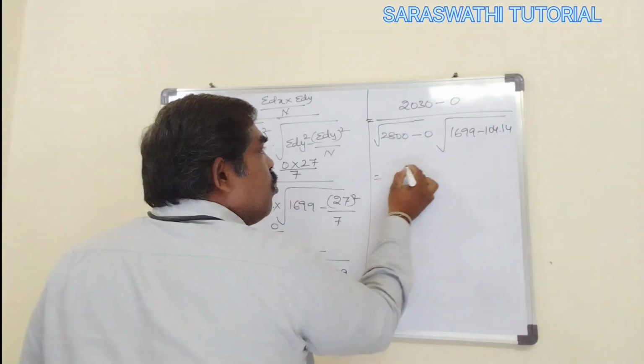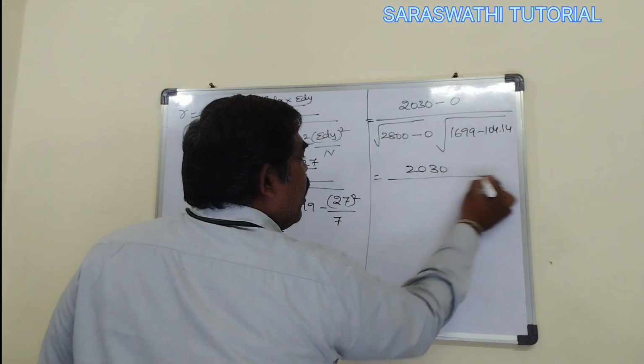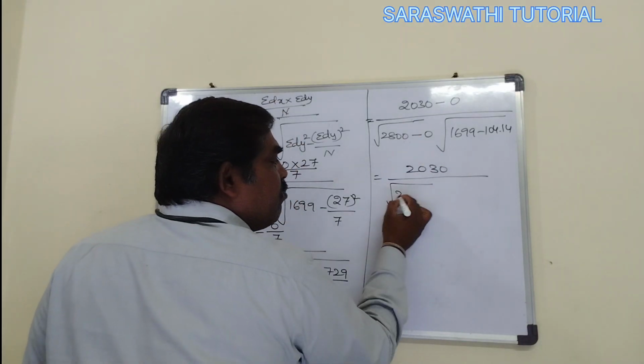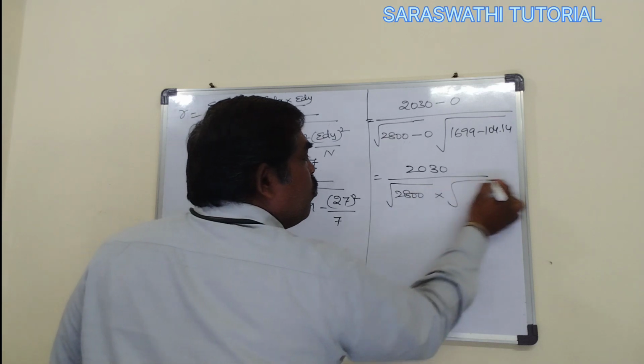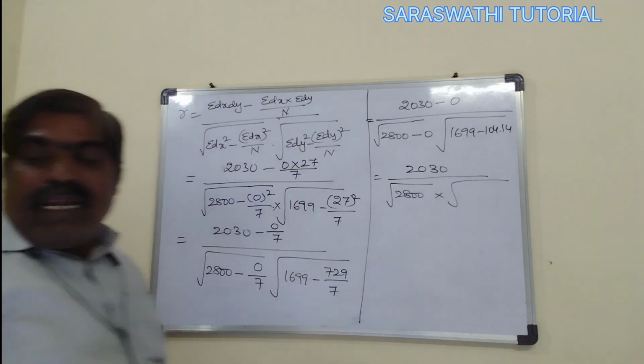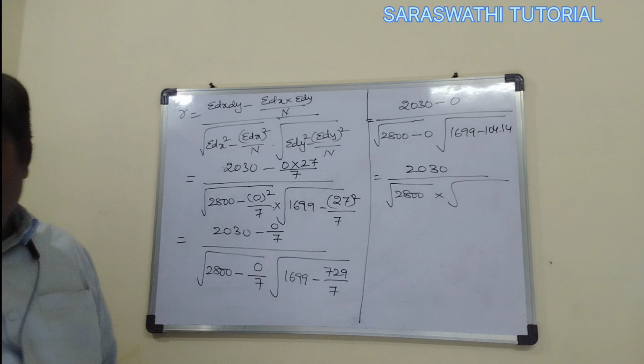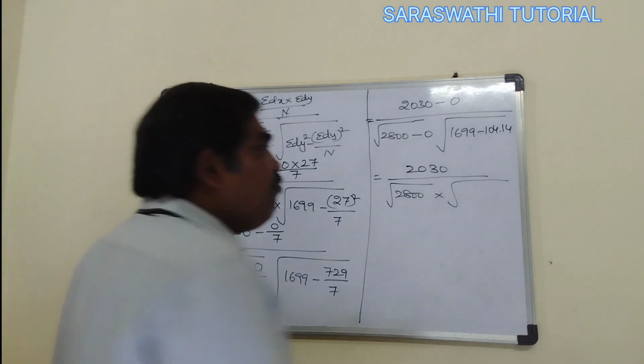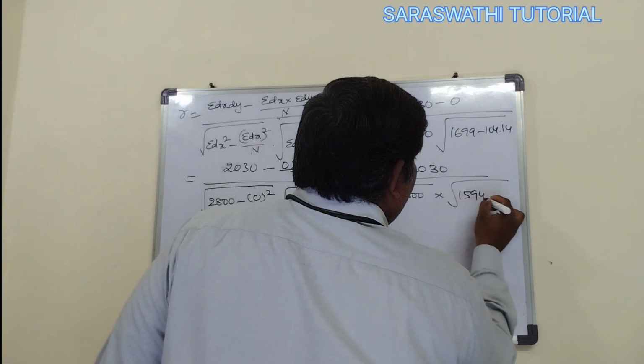Then 2030 by, by subtracting that you will get 2800, and 1699 minus 104.14, which is 1594.85.